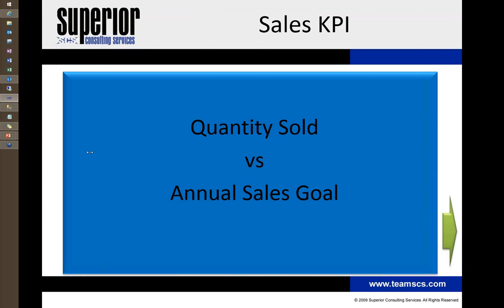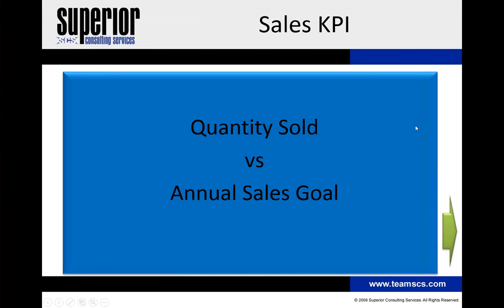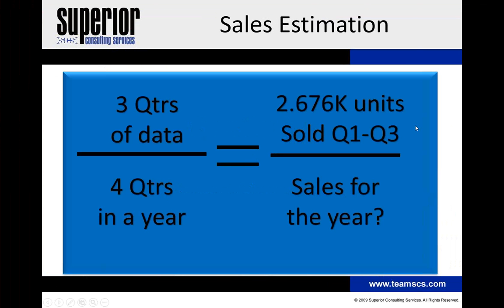So, of course, the first thing that my sales manager is going to do is some extrapolation. Are we likely to reach our goal of $3.5 million by the end of the year? So we'll do a little ratio here. We've got 3 quarters of data in the books. We want to extrapolate to our 4 quarters in the year.